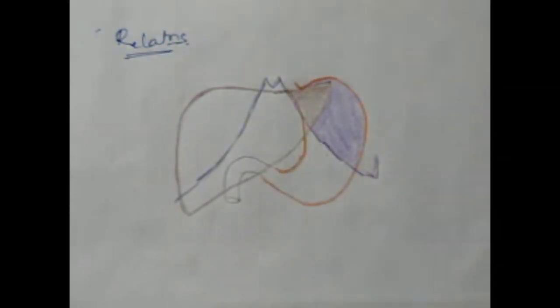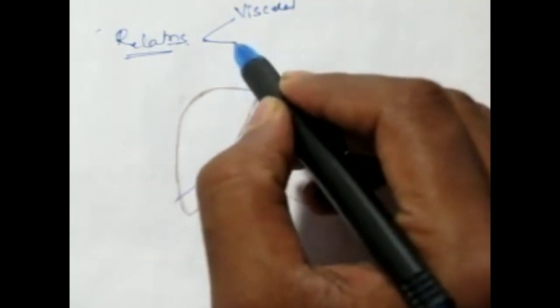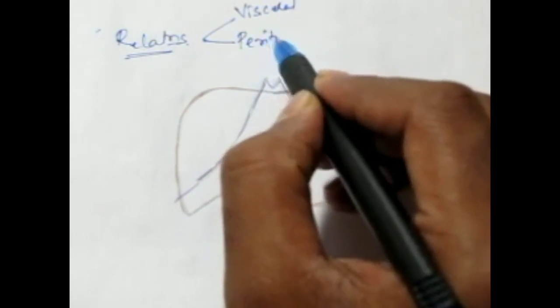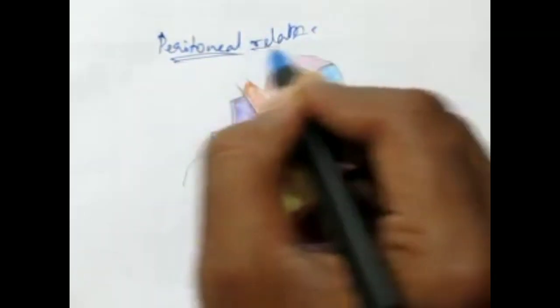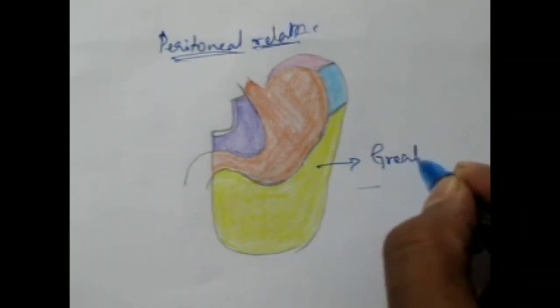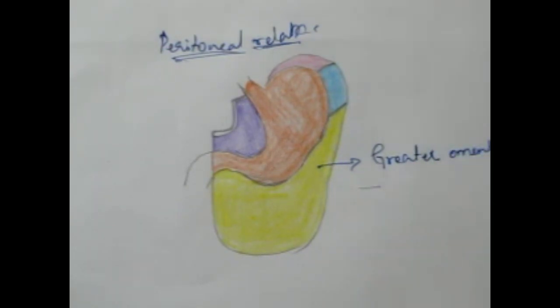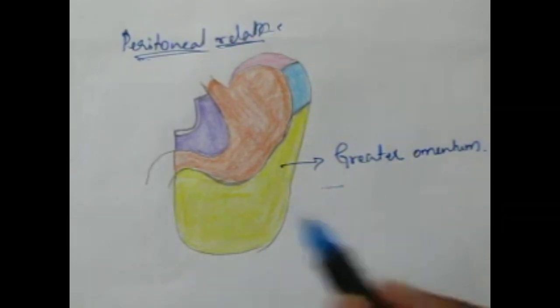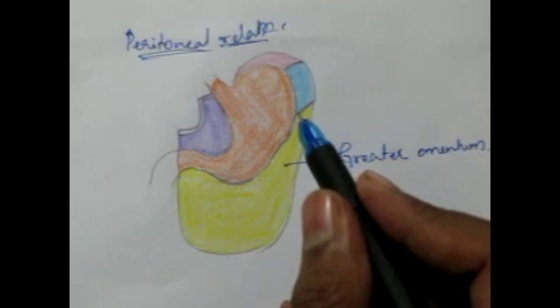Relations. It has visceral relation and peritoneal relation. Peritoneal relations: greater omentum, from the lower two-thirds of the greater curvature.